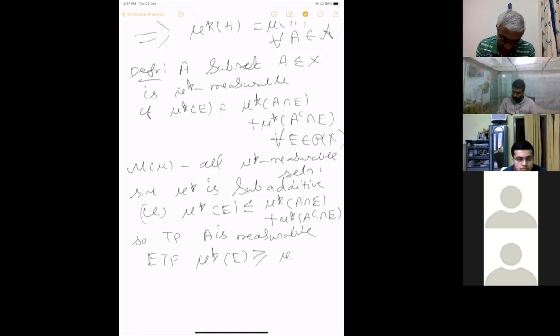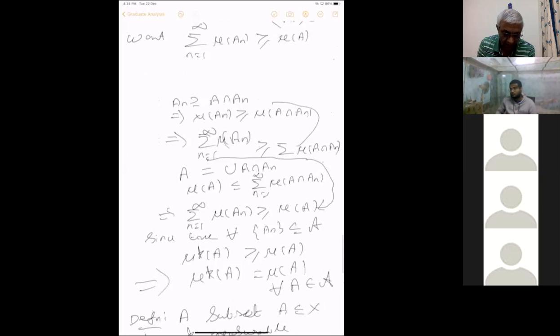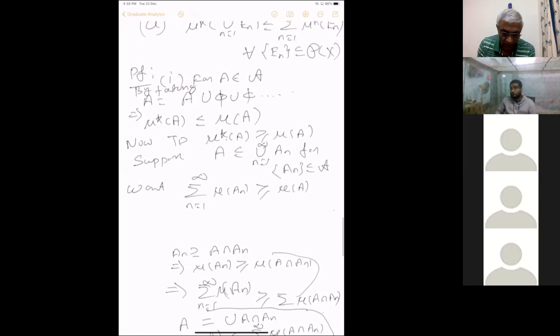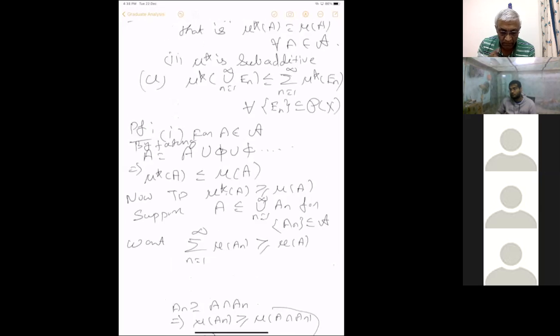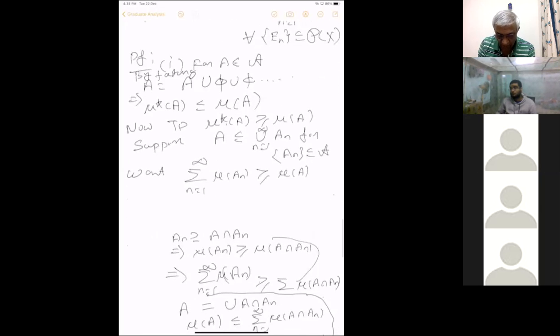Sir, where did we prove that mu star is subadditive? Just before, the earlier lemma. Didn't we just prove that mu star A equals mu A for all A in script A? What is the second assertion? The second is that mu star is subadditive. I don't think you have proved that second assertion. Oh, I forgot, sorry. We only proved the first assertion.